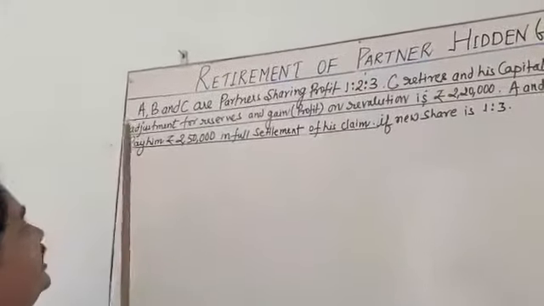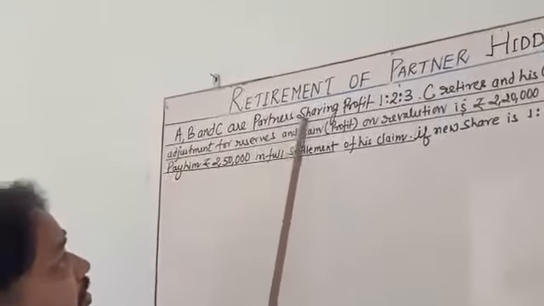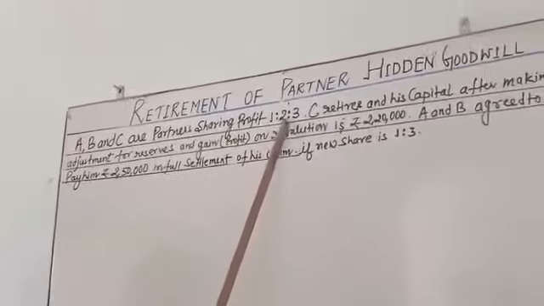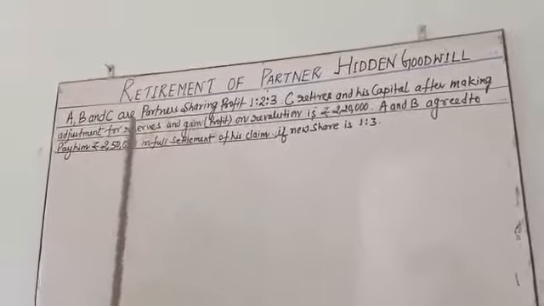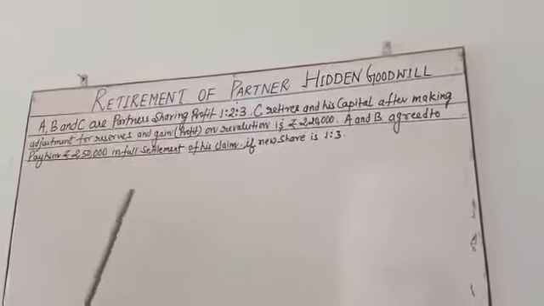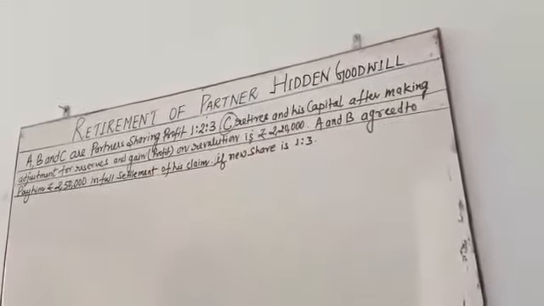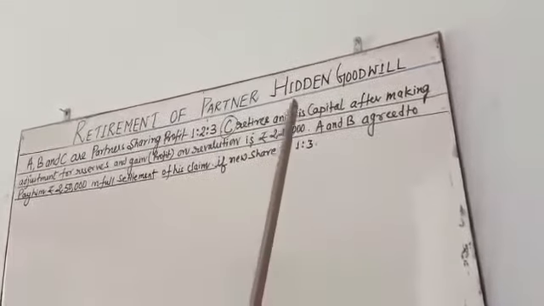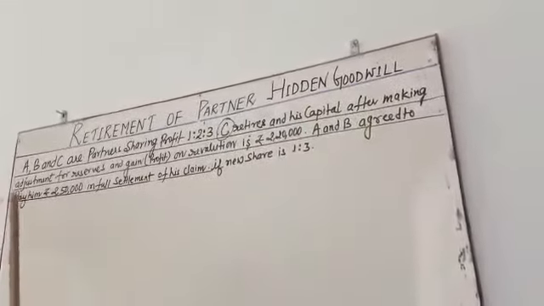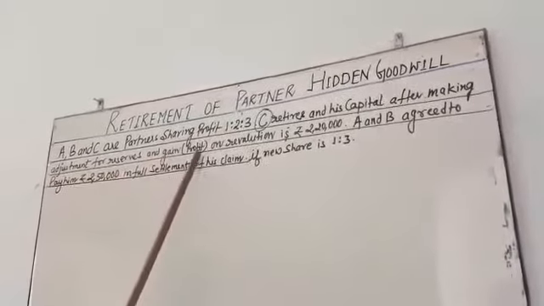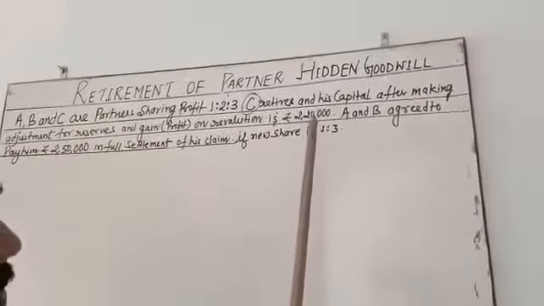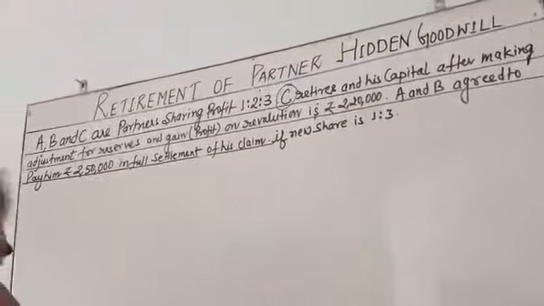The question is that A, B and C are partners sharing profit in the ratio 1:2:3. In this situation, C is going to retire. It is also mentioned that his capital, after making adjustment of reserve and gain of profit on revaluation, is rupees 2,20,000.